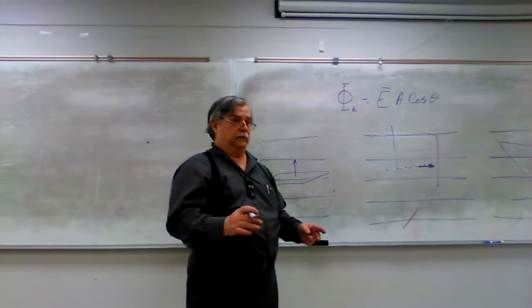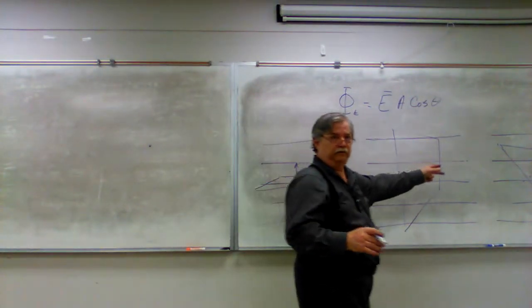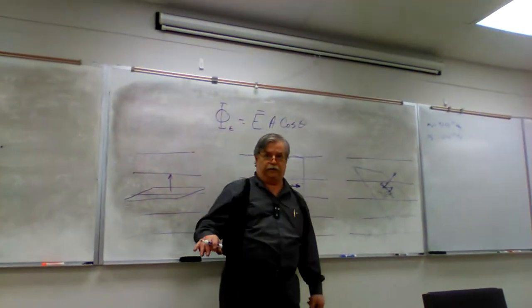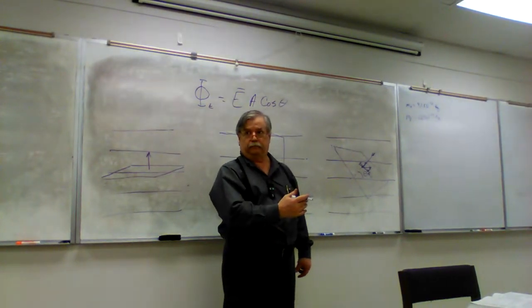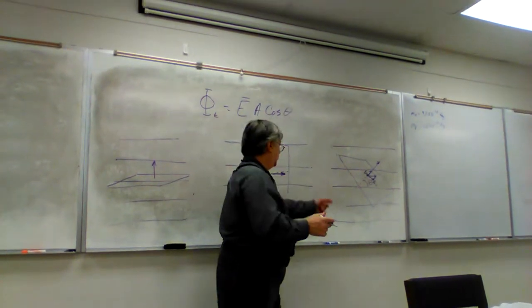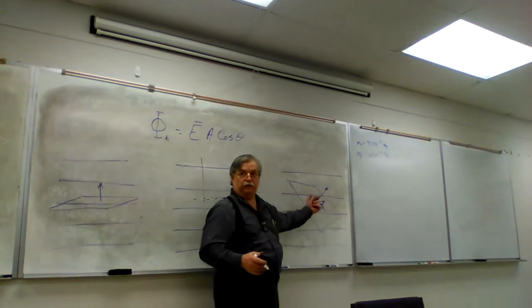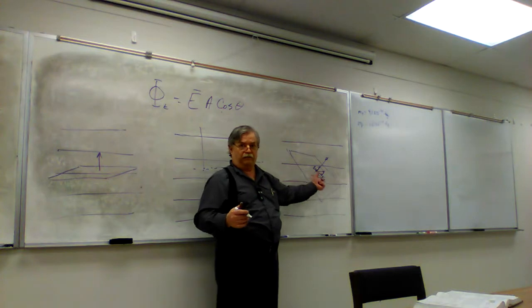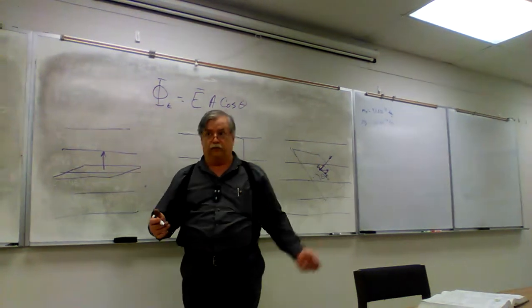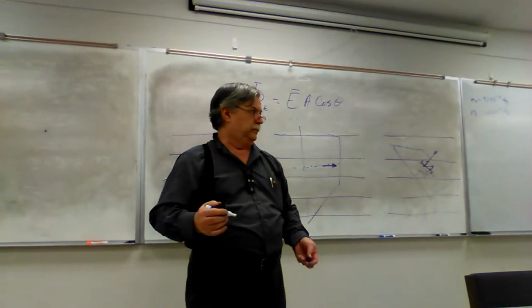The component of that E field vector that is parallel to the plane does not pass through it. Only the component that is perpendicular to the plane passes through that plane. Okay?